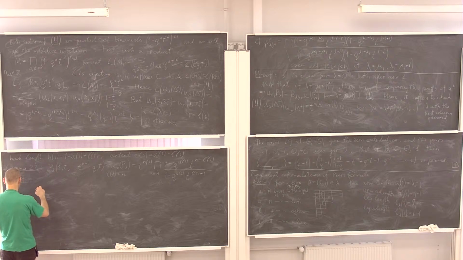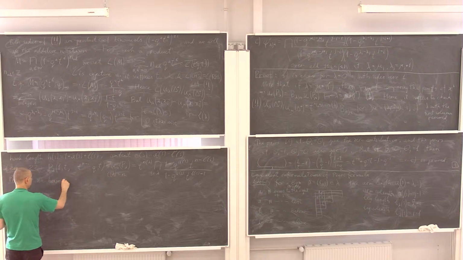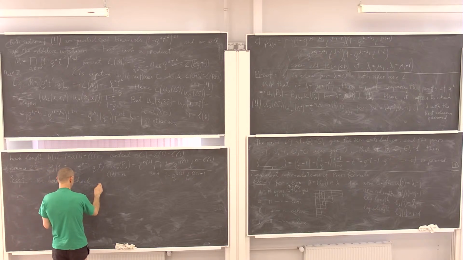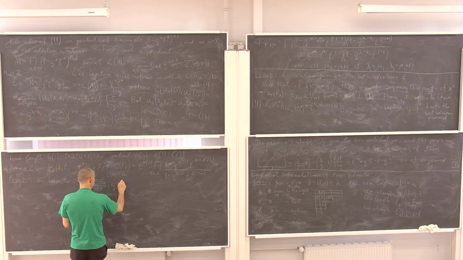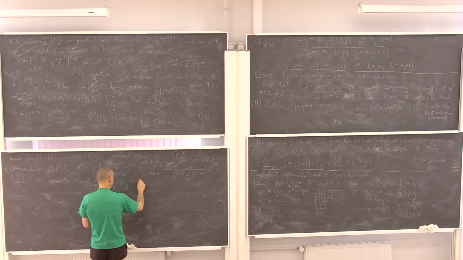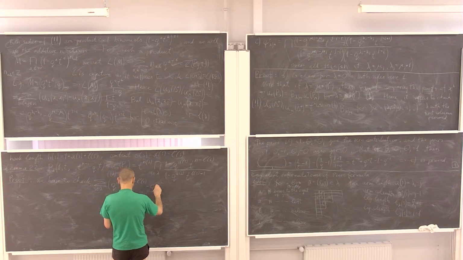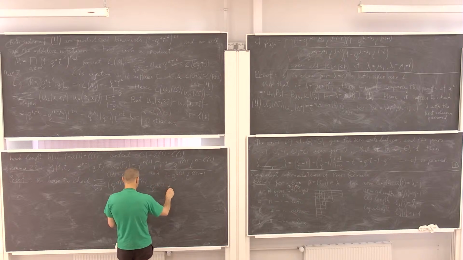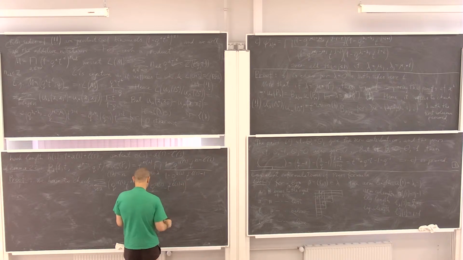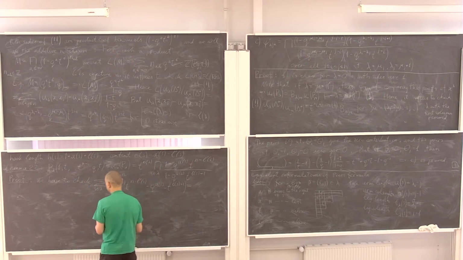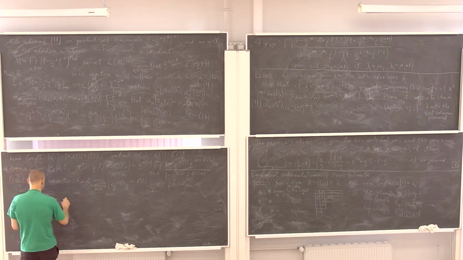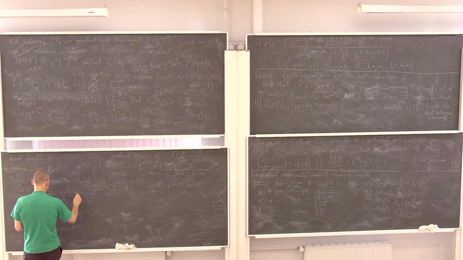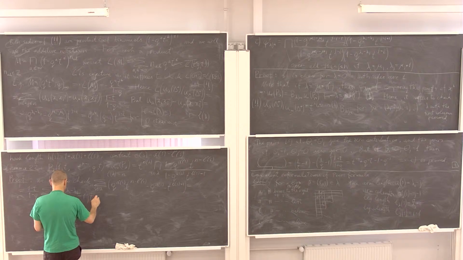So we have to check that the sum over all boxes of q to the power a prime of s, t to n minus l prime of s, minus q to a of s, t to l of s plus 1 equals 1 minus t over 1 minus q, the sum over all pairs, q to the power lambda i minus lambda j minus 1 times t to j minus i.